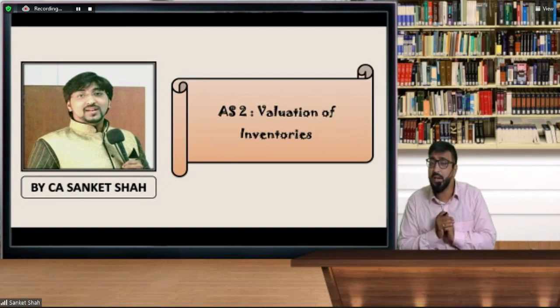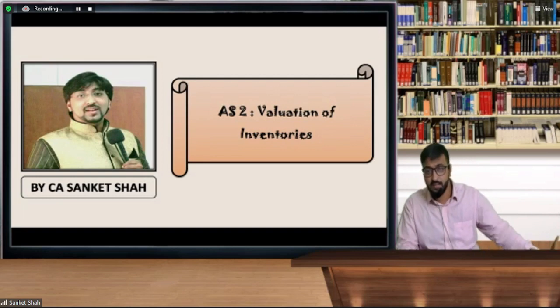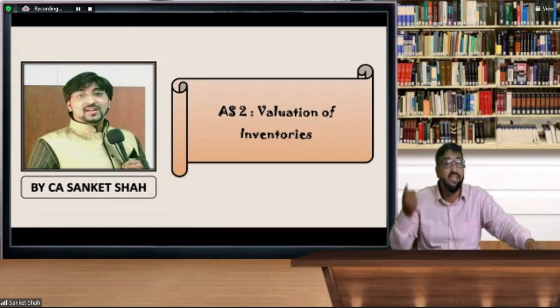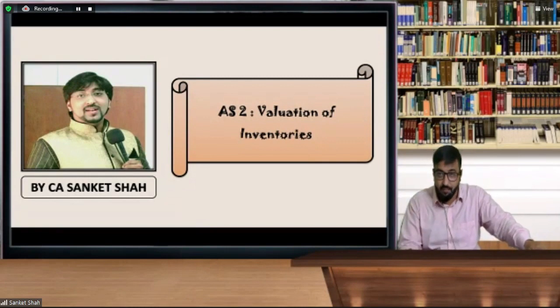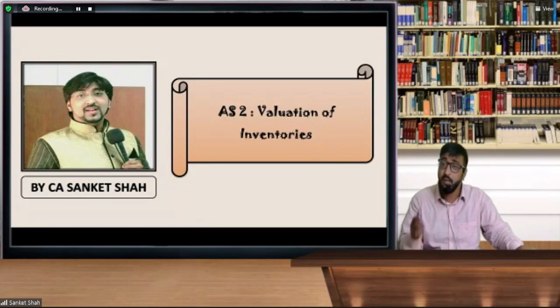If you remember our first day of the theory part, I told you that an accounting standard deals with 4 parts: RMPD, recognition, measurement, presentation, disclosures. That is, record the entry, at what amount, presentation in financial statements, and disclosure in notes to accounts. That we have to see in RMPD analysis. So that is an accounting standard.